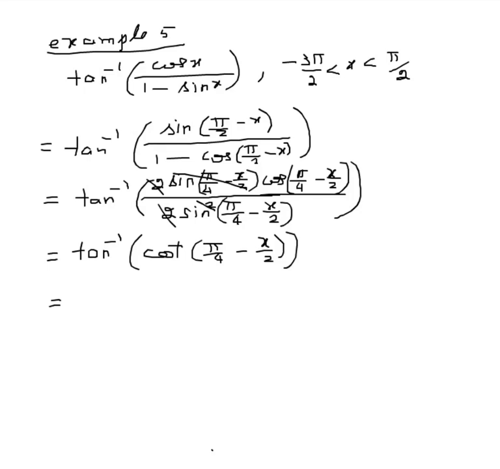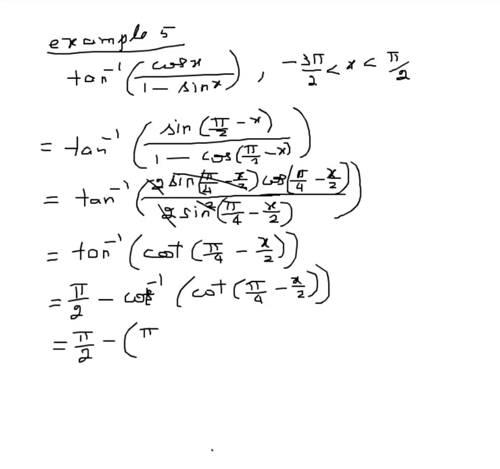I am changing tan inverse to cot inverse: pi by 2 minus cot inverse of cot of pi by 4 minus x by 2. We have a formula, tan inverse of x plus cot inverse of x is pi by 2. Now cot inverse and cot can be cancelled if pi by 4 minus x by 2 is in the principal value branch. So let us check.